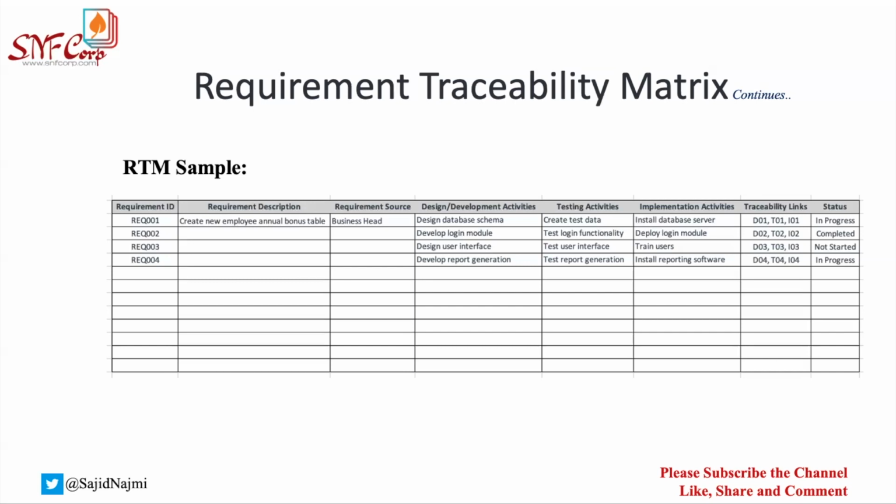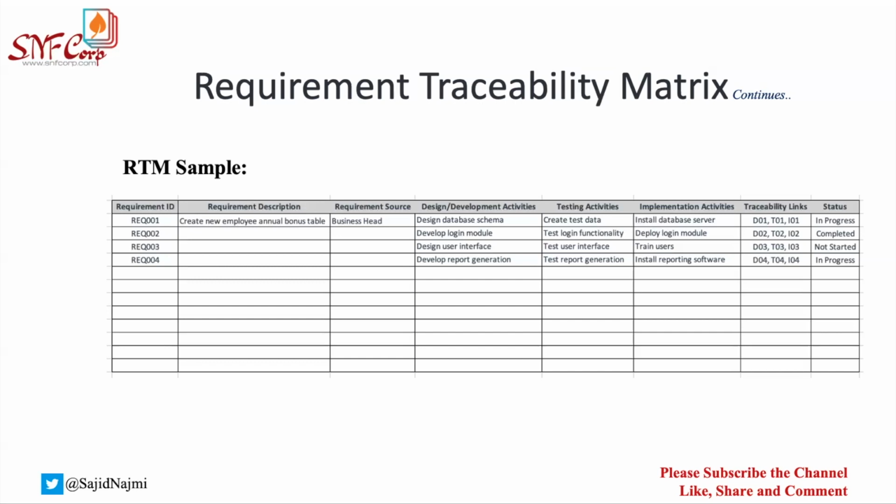Move to the next column, traceability links. These are the IDs that I will be creating in the SRS or the BRD, right? So in the SRS, there's a section I'm writing as D01. This D01 is a section where I have detailed the create new employee annual bonus table requirements, and I've given that number D01. So with this D01, I have REQ001.